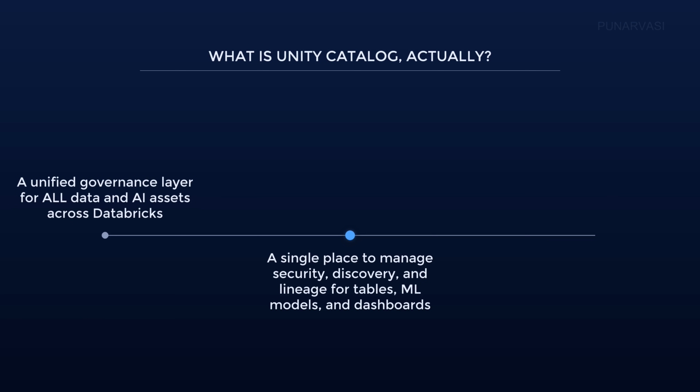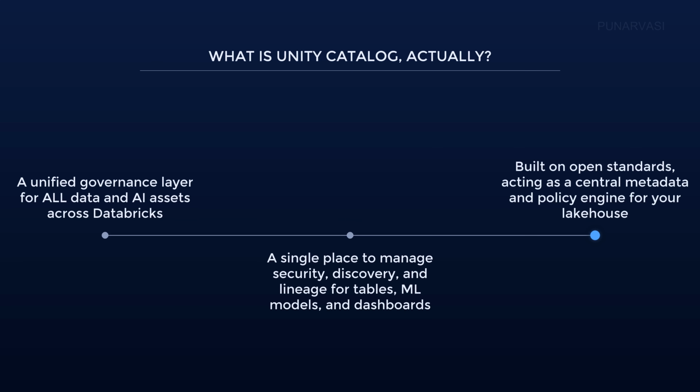It's not just a feature, it is your universal governance engine. One platform to absolutely secure and track everything, everywhere it lives. That's the control you've been missing. Think of your data lakehouse as a sprawling city. Without Unity Catalog, it is a lawless frontier.